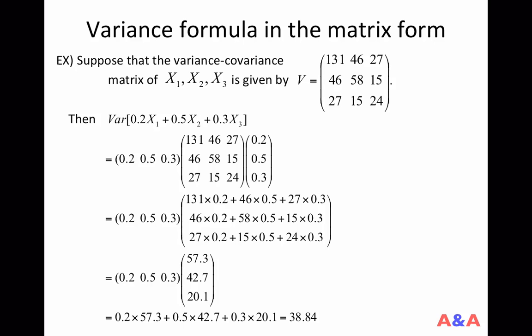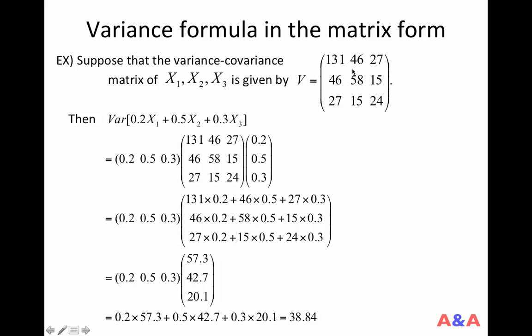Let's look at a numerical example. Suppose there are three random variables x1, x2, and x3, and suppose that the variance covariance matrix for these three random variables is given as this. So 131 is the variance of x1, 58 is the variance of x2, and 24 is the variance of x3.